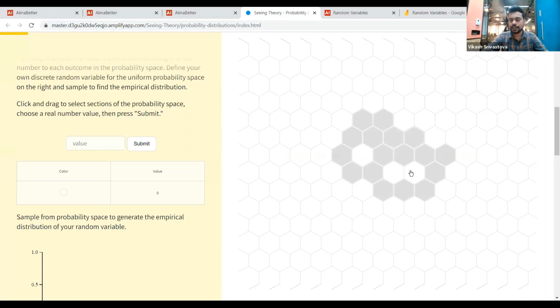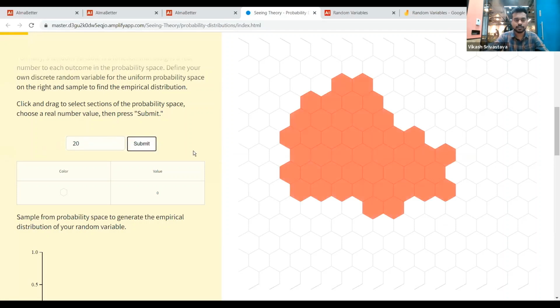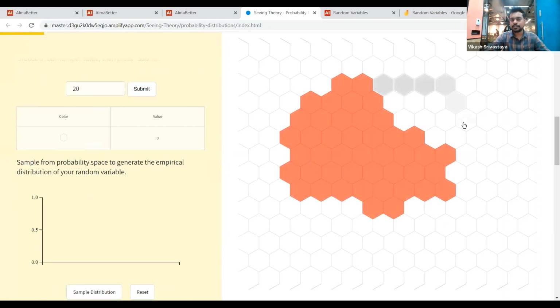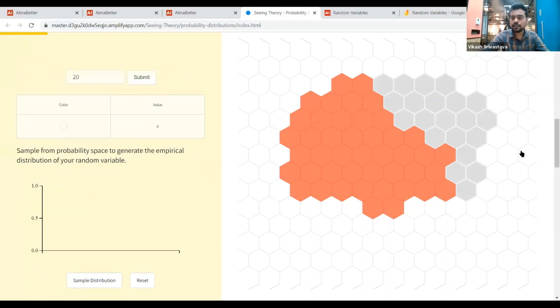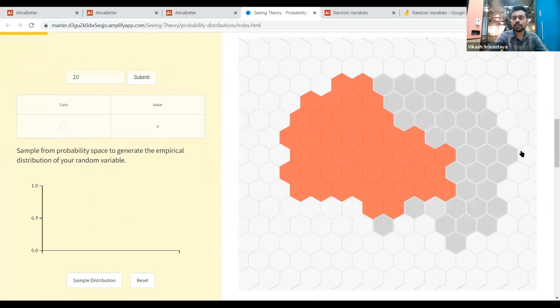There could be n number of hexagons, and I'm selecting a portion of it and denoting that it will take a value, let's say 20. I'll submit this, and now I'll select other hexagons, something like this.